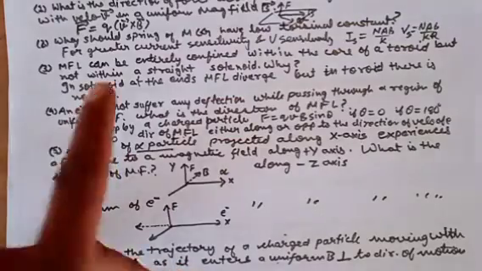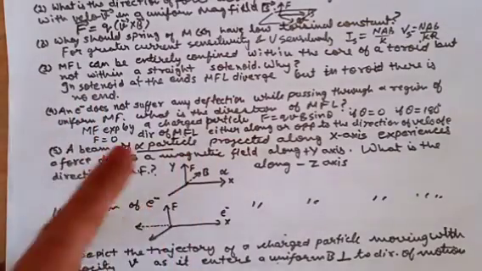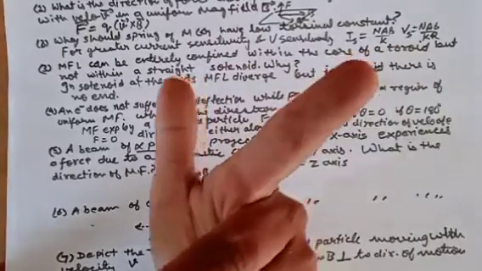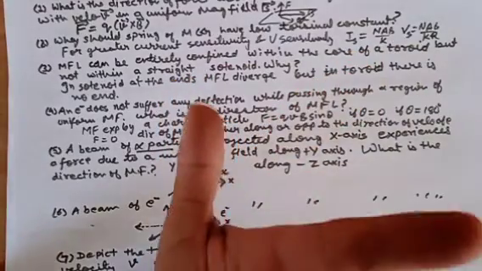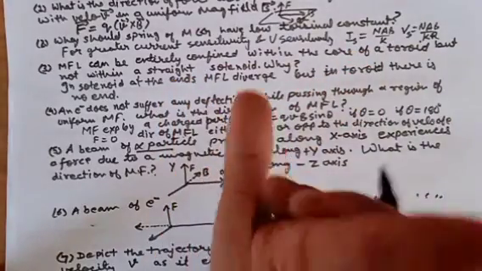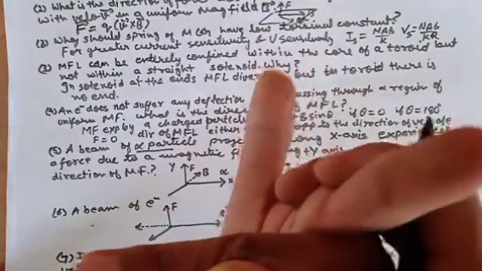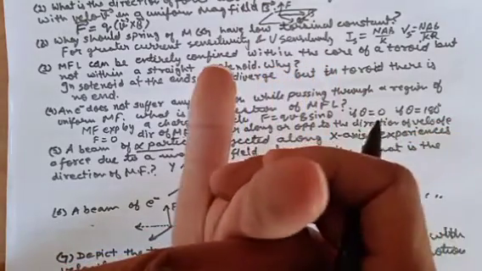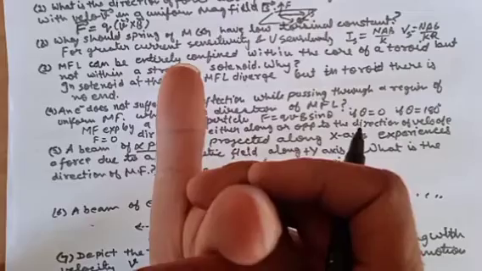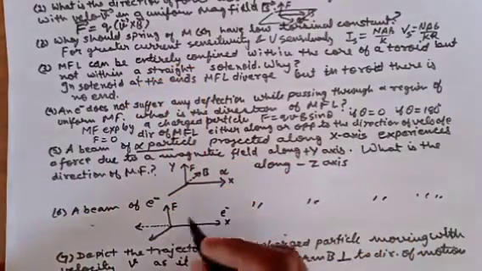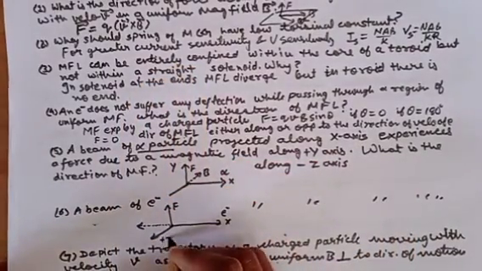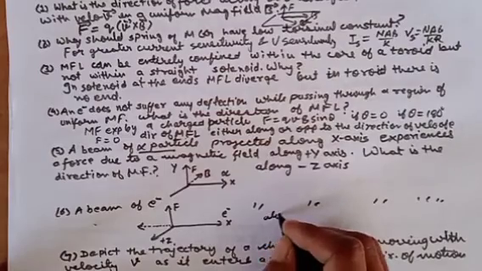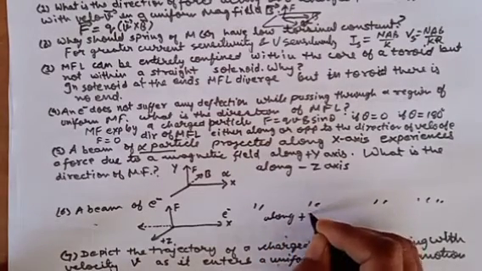So now the charge is going that way. Now force is in the upward direction, the y direction, and the middle finger is along the negative x-axis. So the first finger is pointing out from the plane of the paper, that is the positive z-axis. So the answer is along the positive z-axis.